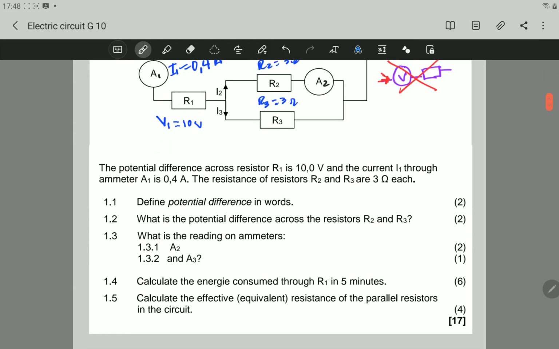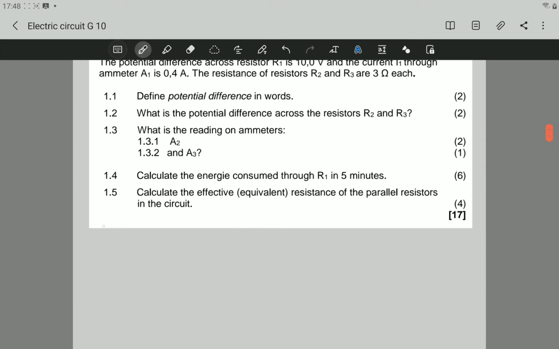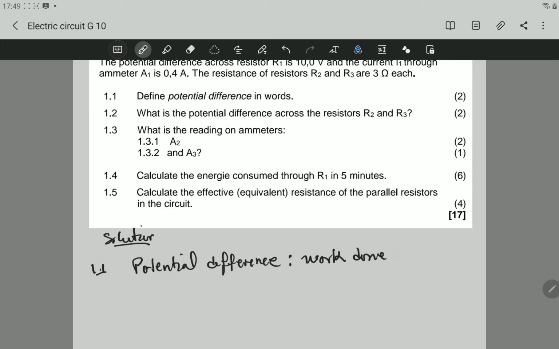The first question says define potential difference. Solution 1.1: what is potential difference? Potential difference is the energy transferred per coulomb of charge, or work done per unit charge.